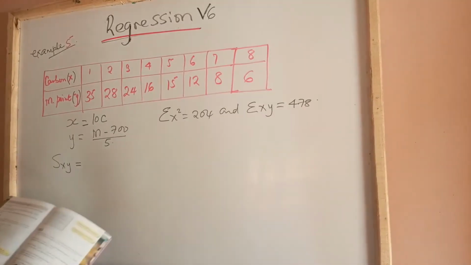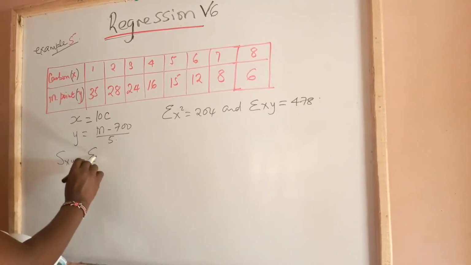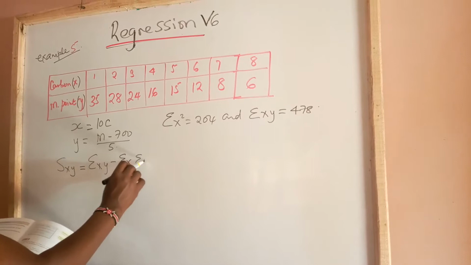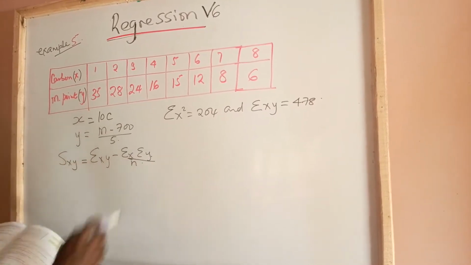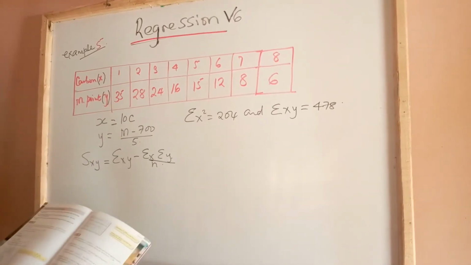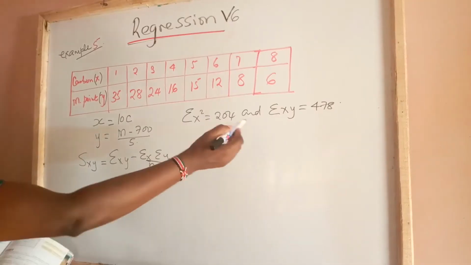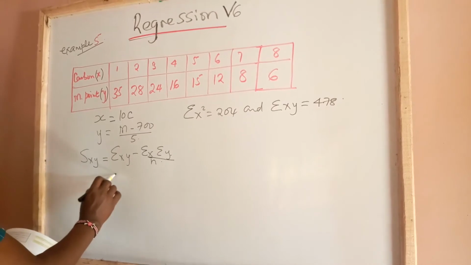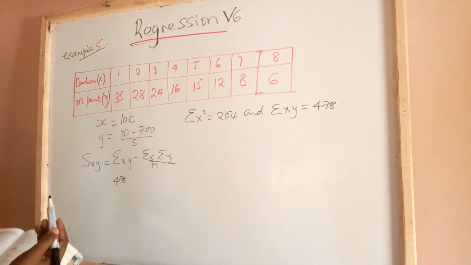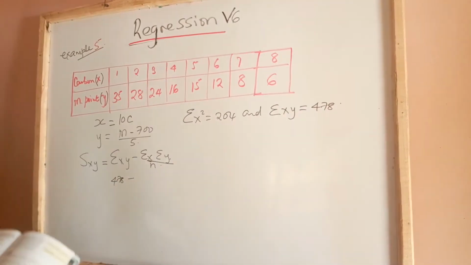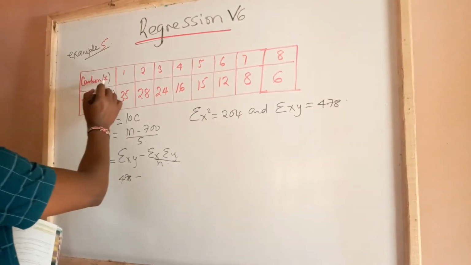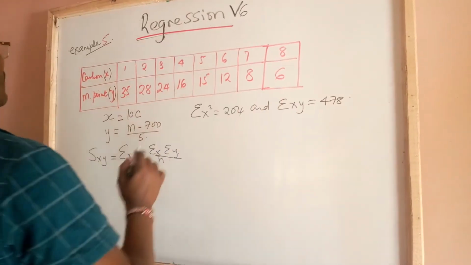SXY, as we know it, is sigma xy minus sigma x sigma y everything over n. And in this case, we must now substitute, which is sigma xy is 478 minus sigma x. In this case, our sigma x is the sum of the whole of the x column.